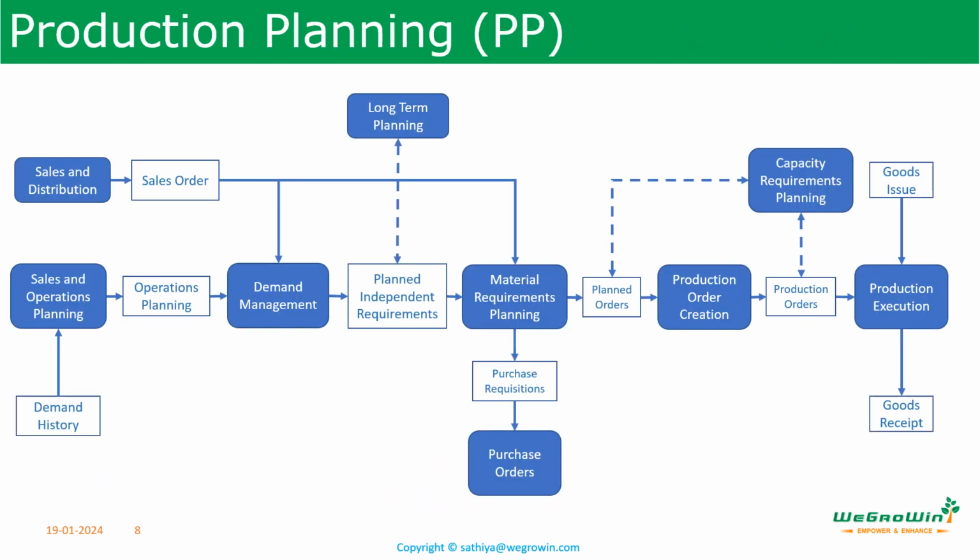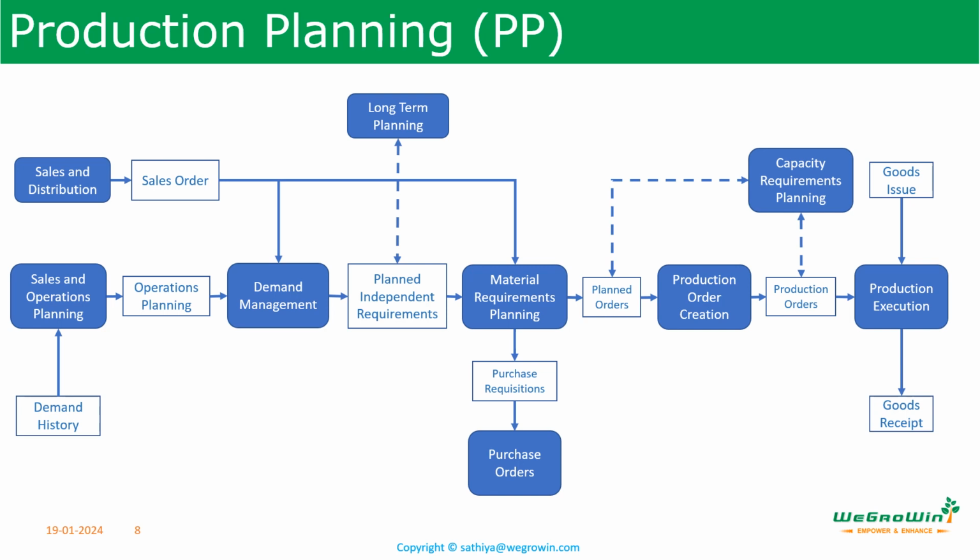So this is the overview of production planning and execution processes, the PP module. We discussed this in the last session also. A demand is generated and they give the numbers from the forecast, that is from sales and marketing. During the SNOP meeting, that is the sales and operations meeting, these numbers are converted into the final demand. After demand management, they go to material requirement planning.